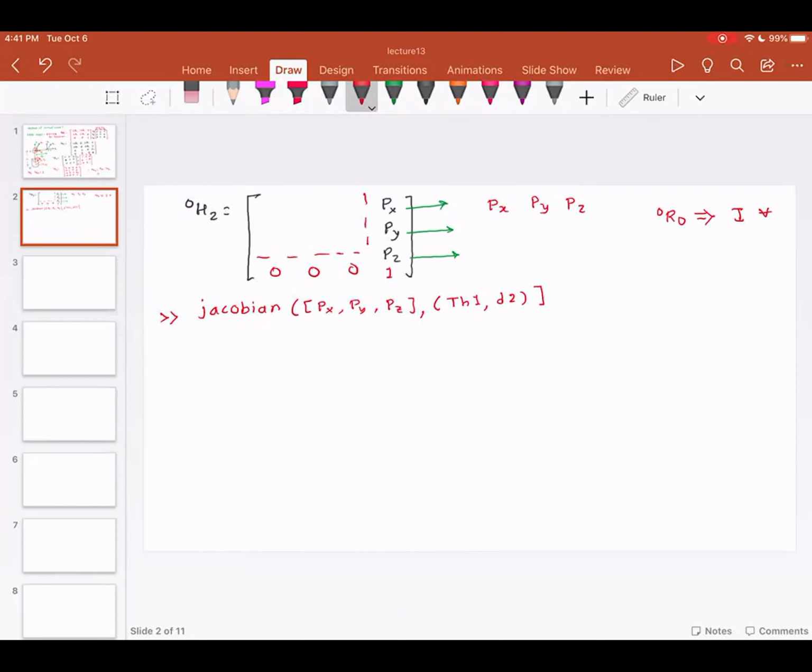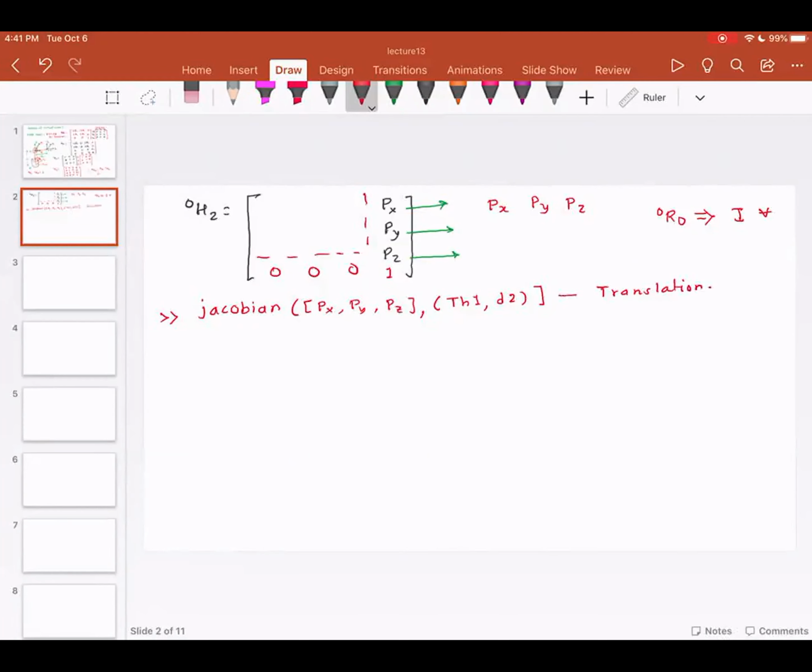If you want, you can do what we did in the last class: manually differentiate and find the matrix, or you can just use the MATLAB command Jacobian, and the Jacobian will be computed. This is for the translation.